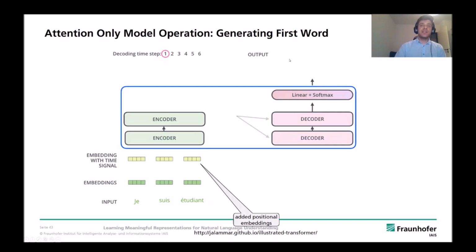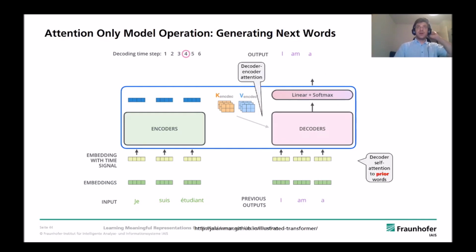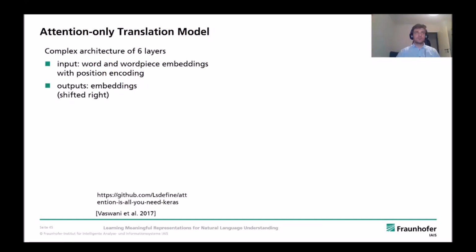And in the first position, it can, of course, only attend the outputs from the encoder. But in the second position, it can also attend to its first output, to I. Of course, not to future outputs, hence the masked attention. So the decoder has attention to the encoder and its prior outputs.